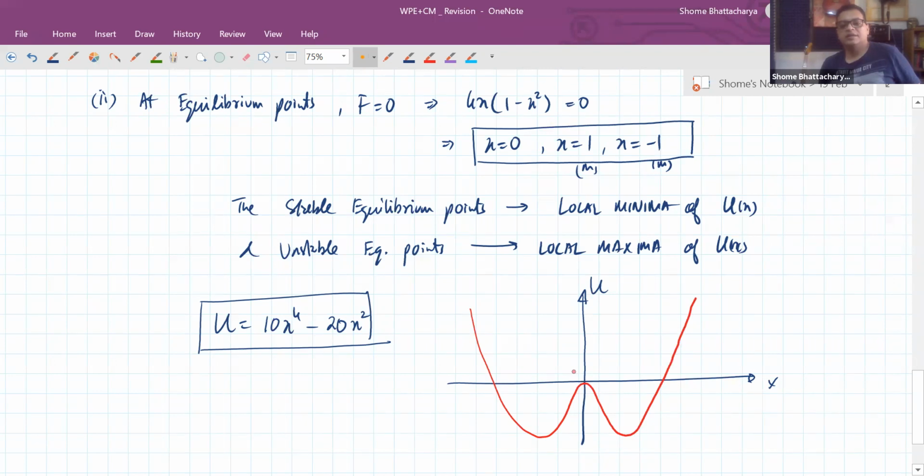It has a local maxima at x equal to 0 and 2 symmetric positions at x equal to plus 1 and x equal to minus 1, where the potential energy function has a local minima of minus 10 joules.